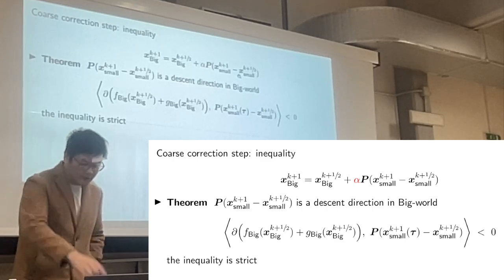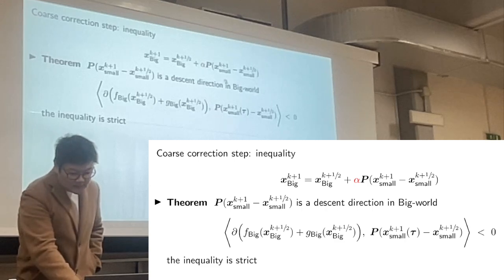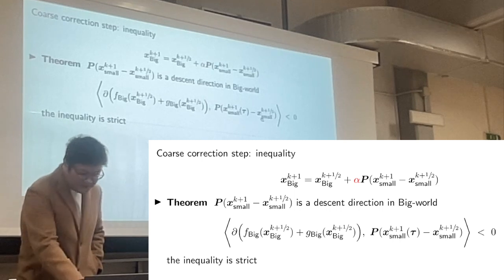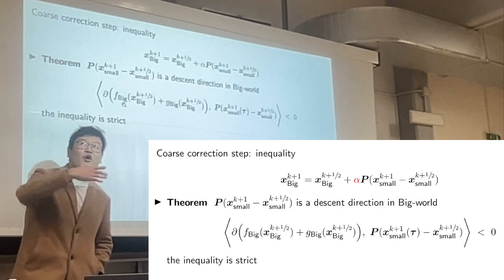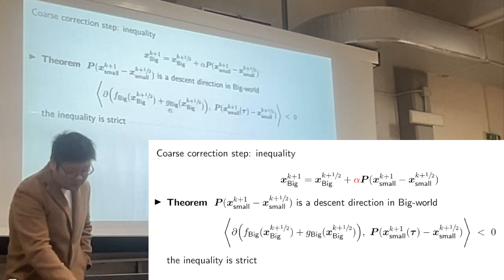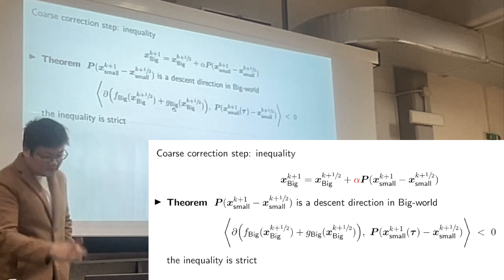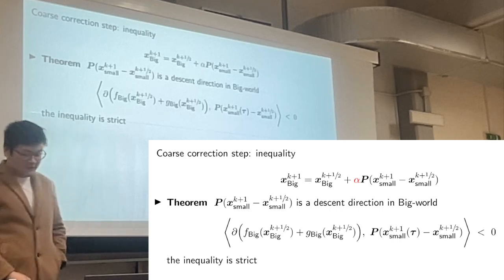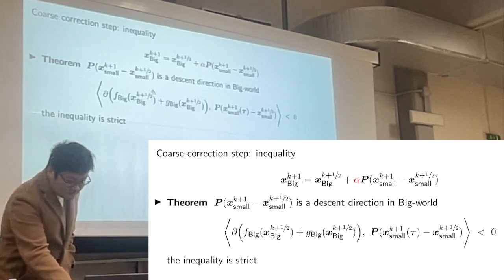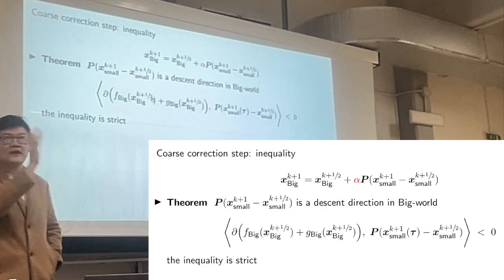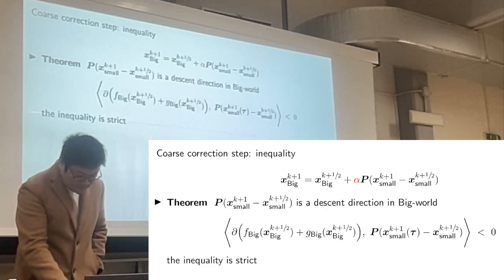This thing is working by showing this funny thing is a direction that always has a negative angle with the subgradient, for whatever subgradient you choose here. So, in other words, this is not one inequality, this is infinitely many inequalities, because this is a set. And I show that this is true for whatever subgradient you give me.